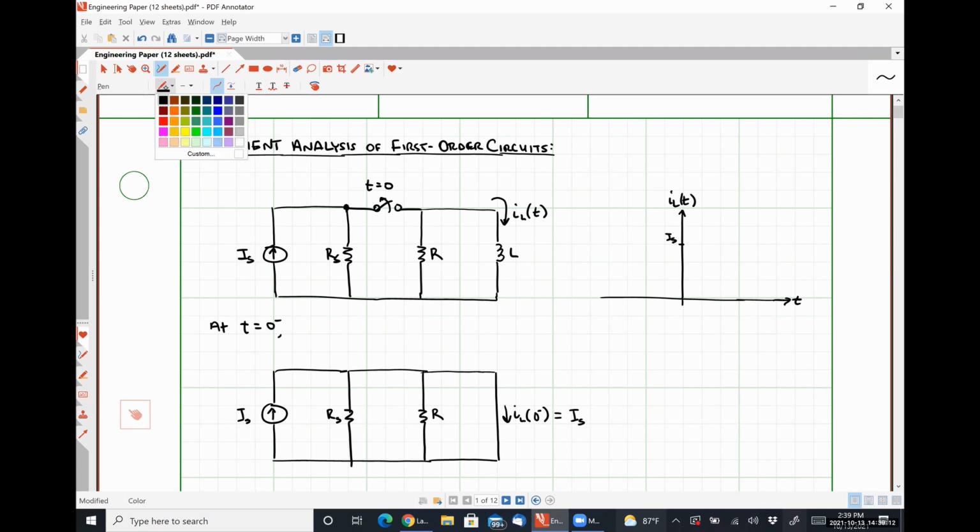What we have just mathematically shown is that the inductor current has a constant value. It would help if I could draw a straight line. Having that value of IS all the way up until the moment that that switch opens up, okay?